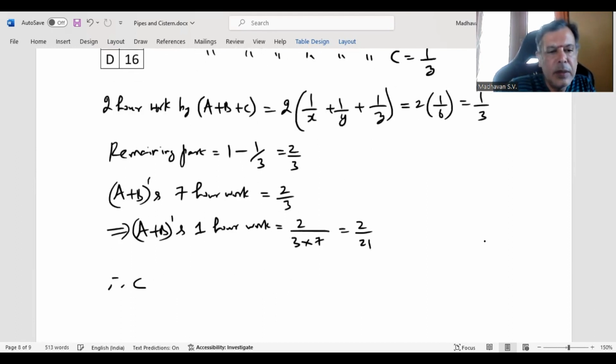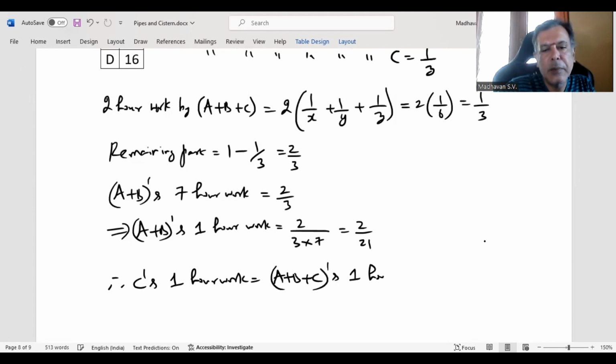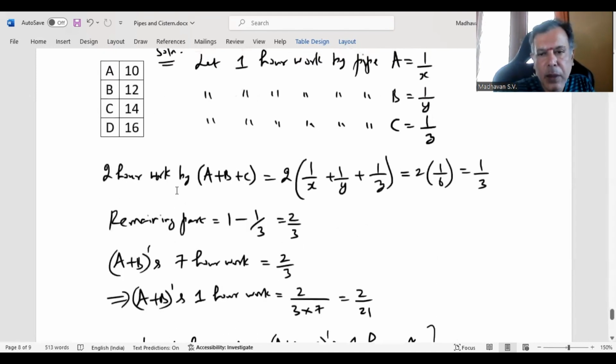Therefore, C's 1 hour work will be A plus B plus C's 1 hour work minus A plus B's 1 hour work. A plus B plus C's 1 hour work, we have 2 hour work as 1 by 3.